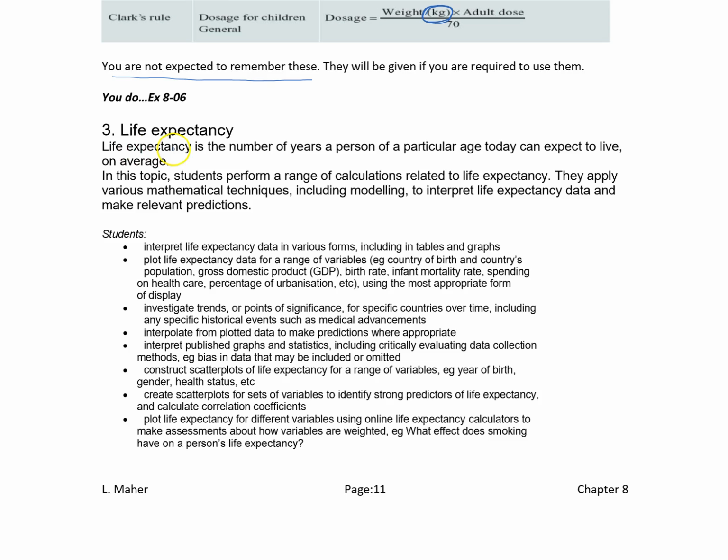There is an interesting thing about life expectancy, and that is life expectancy is the number of years a person of a particular age today can expect to live. So if someone is 50 years old, they may look up their life expectancy and find it's 30 years.